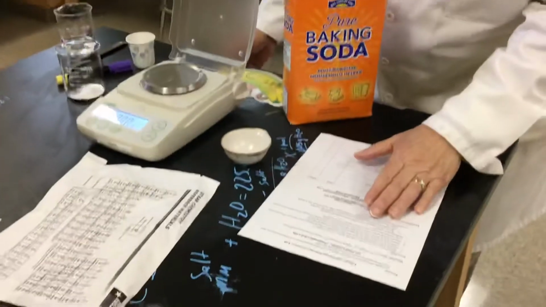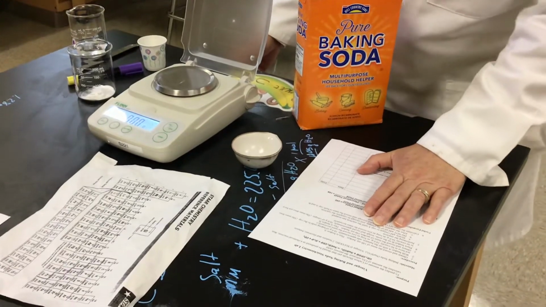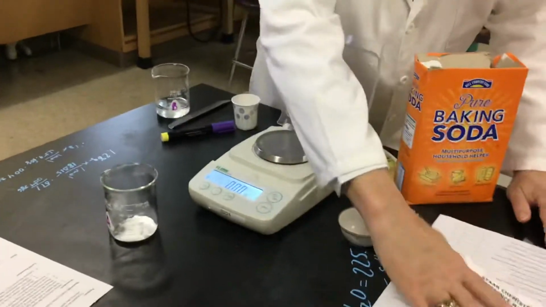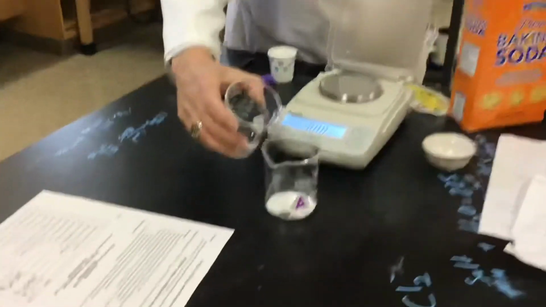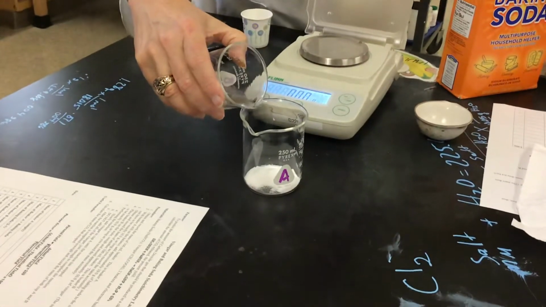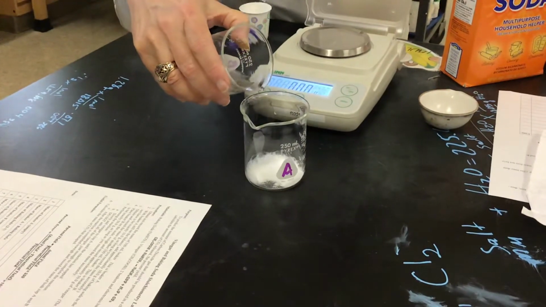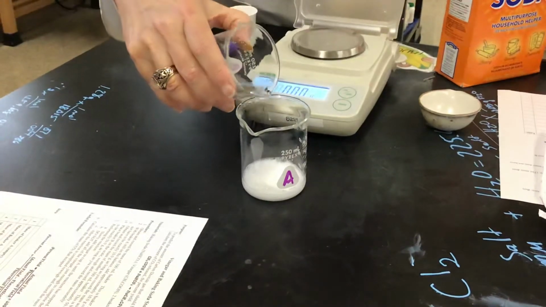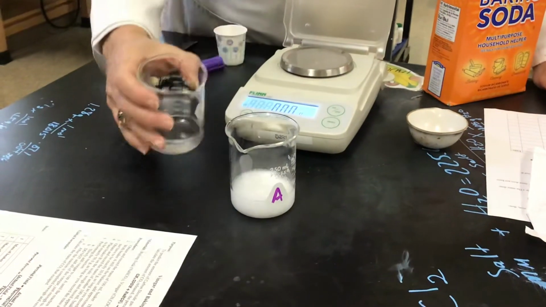Okay. So it says, now we're going to slowly add the vinegar to cup A until the reaction is stopped. Okay, so get that out there where you can see. And you do want to do this slowly. And you see that it's fizzing up. Now we don't want to add all the vinegar.